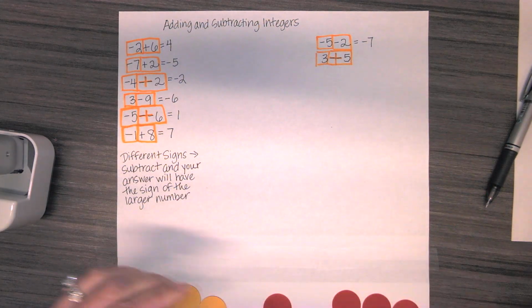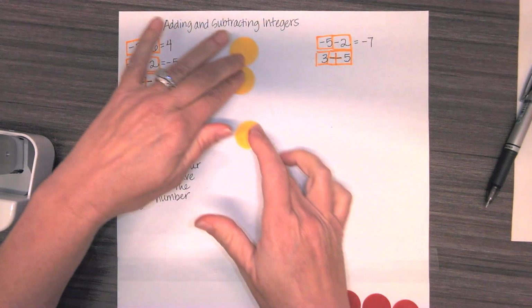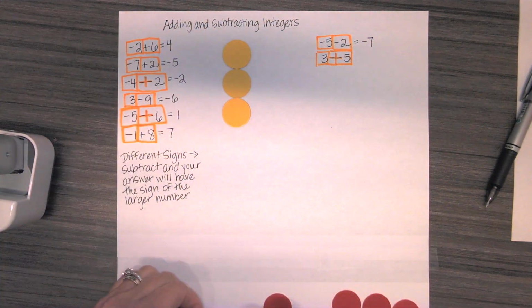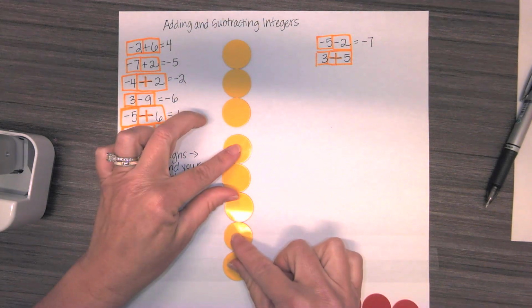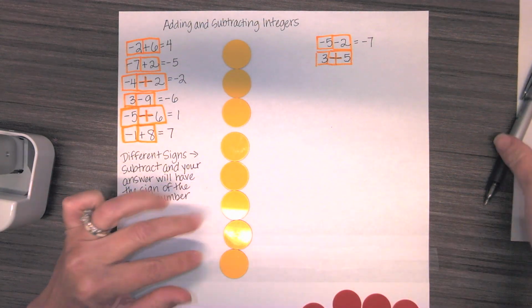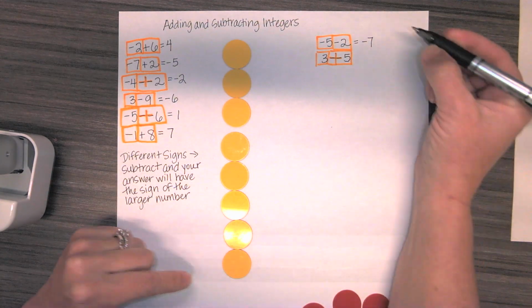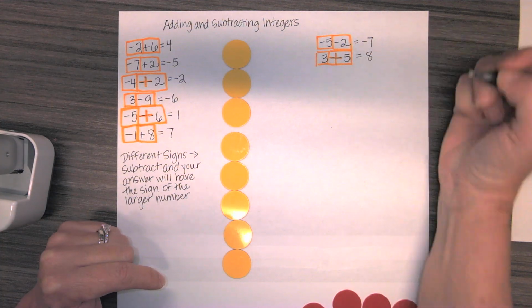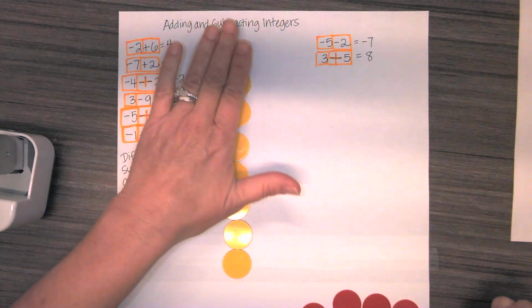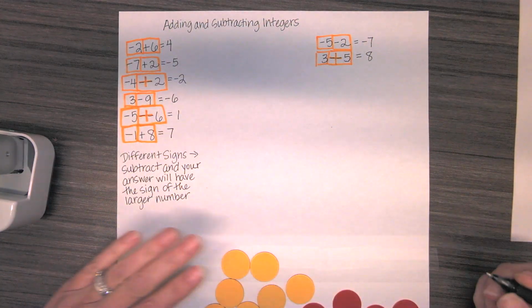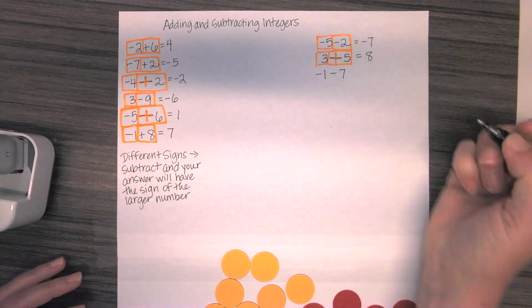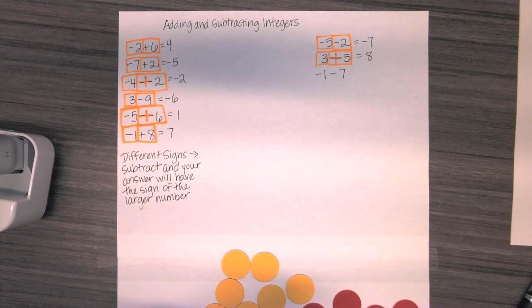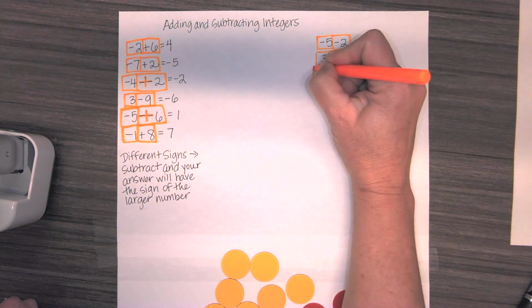All right, so those are going to all be built with yellow chips. +3 and then +5. Nothing's going to zero out, so we're going to have +8. Okay.